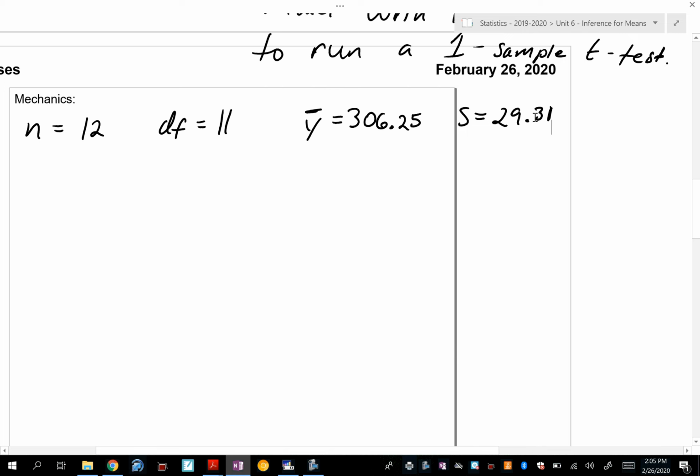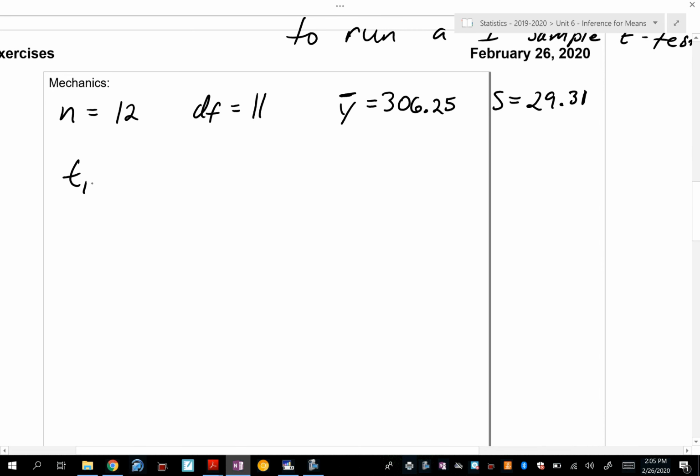here are the numbers we need to figure out our T critical value. No more Z's. So I'm going to write T sub 11. Why did I put that subscript 11? Degrees of freedom. Very good. Equals Y bar minus mu over the standard error of Y bar.